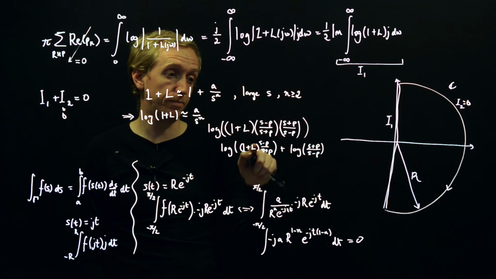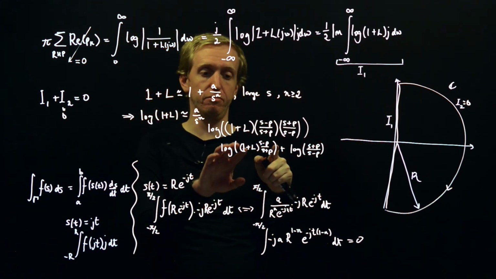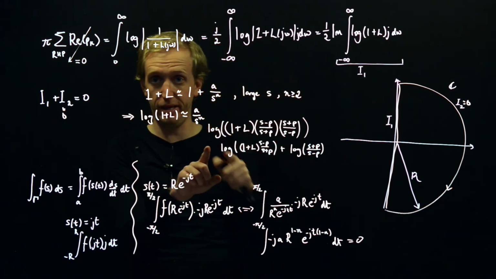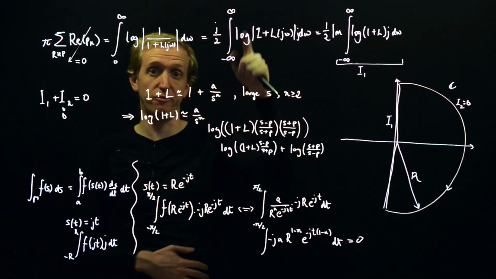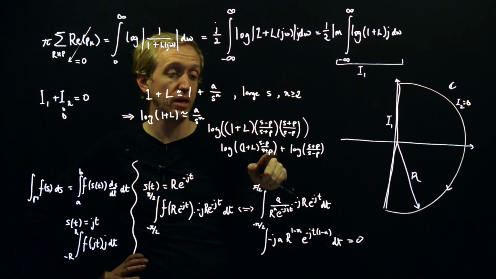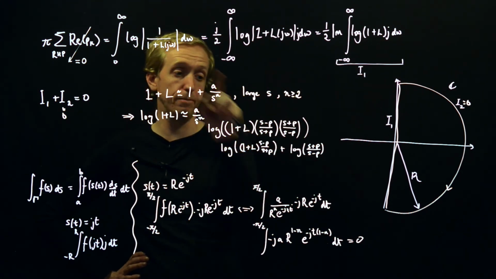So this function will be analytic, and so maybe we have more unstable poles in here, but whatever ends up here is just a type of function that we've already dealt with. So we know that this term from the integral is going to contribute 0.